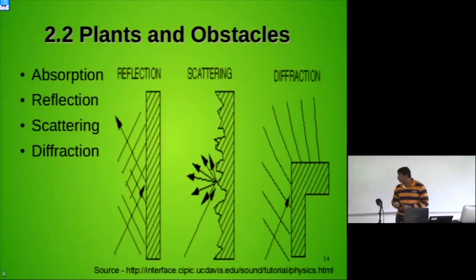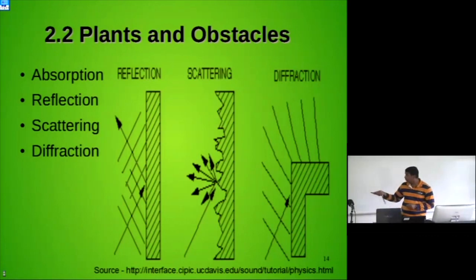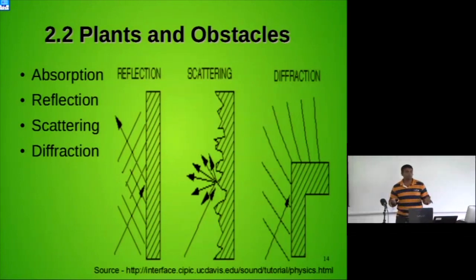So the plants pose a different problem. Reflection. Where the sound is emitted, as you saw the robot emits the sound, and when the sound is emitted, it can be reflected from the plants, or it can be scattered.